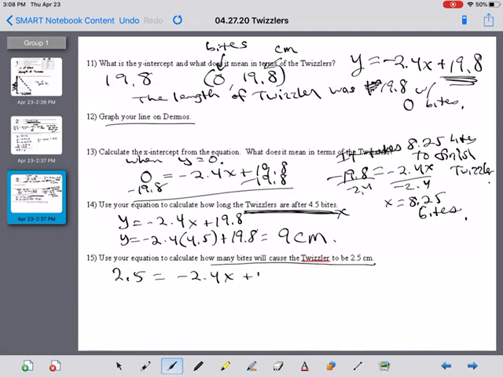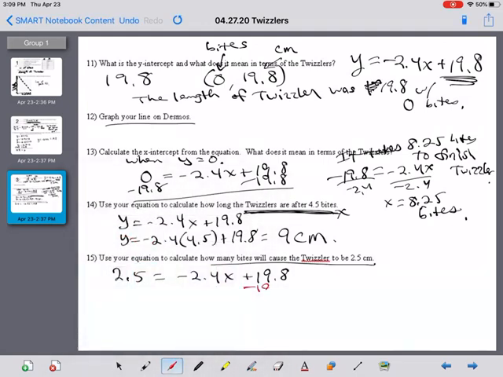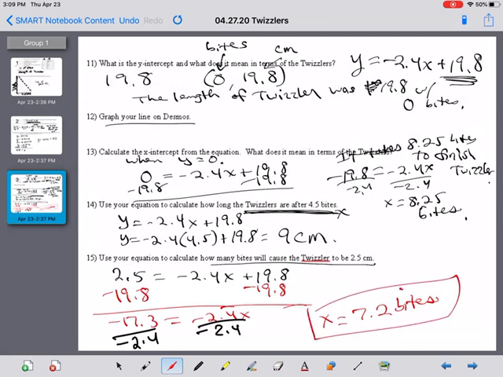So you have 2.5 equals negative 2.4x plus 19.8. And then let's get the x by itself. So we'll subtract 19.8. And that will give you negative 17.3 equals negative 2.4x. Then we'll divide by negative 2.4. And that will give you about 7.2 bytes.